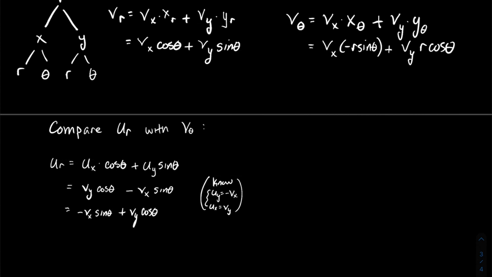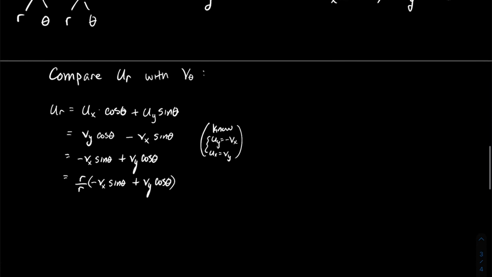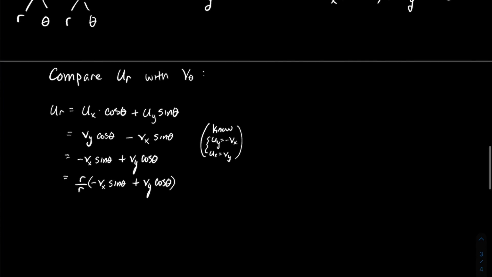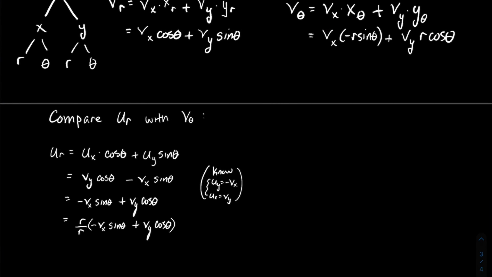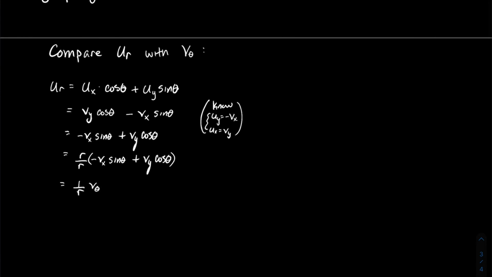So I'll do one of our favorite tricks, which is to multiply by 1 in a sneaky way. I'm going to write 1 as r over r, and distribute that top r through so that it looks exactly like my formula for partial v theta up at the top right. And when I do that, I get 1 over r times partial v theta.